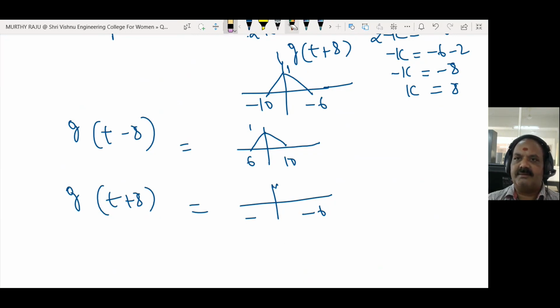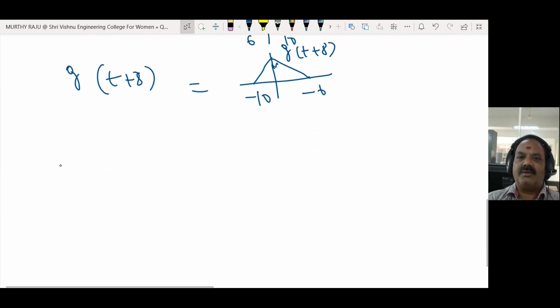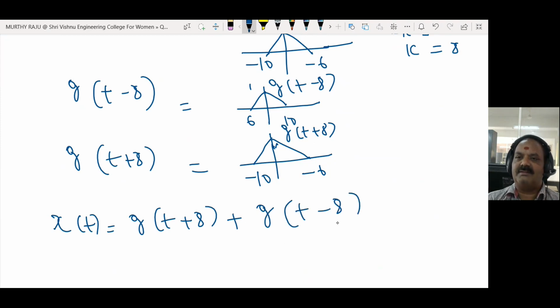This one is g of t plus 8 and this one is g of t minus 8. Now x of t is equal to g of t plus 8 plus g of t minus 8.